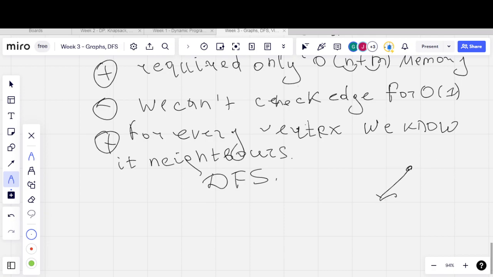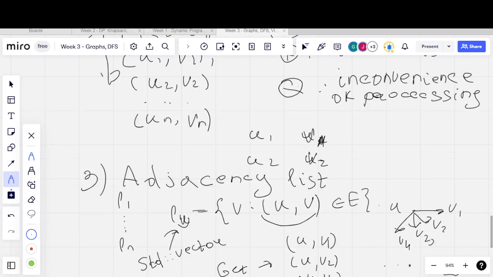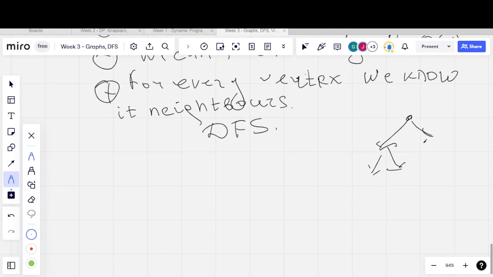DFS on trees is equivalent to traversals. You wrote traversals before, and in this part we consider graphs, not trees.